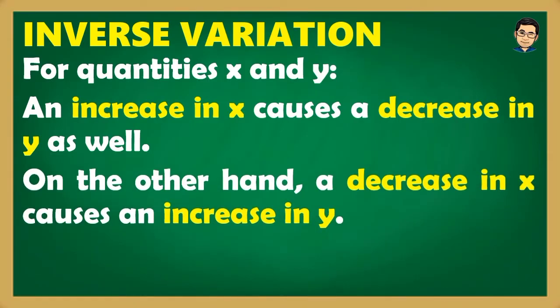On the other hand, a decrease in x causes an increase in y. So the opposite: when the value of x gets smaller, the value of y gets larger. In direct variation, when the value of x decreases, the value of y also decreases.